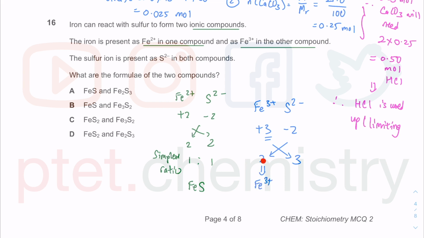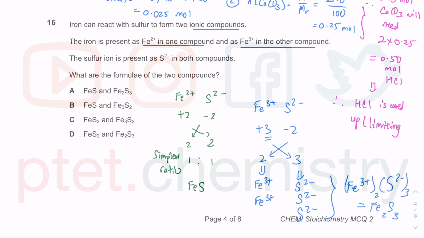The 2 on the left means 2 pieces of Fe3+, so Fe3+, Fe3+, and then you have 3 of the S2-. So altogether you have 2 Fe3+ and 3 S2-, so there's Fe2S3. Looking at the answer there, Fe2S3, FeS is the correct answer.